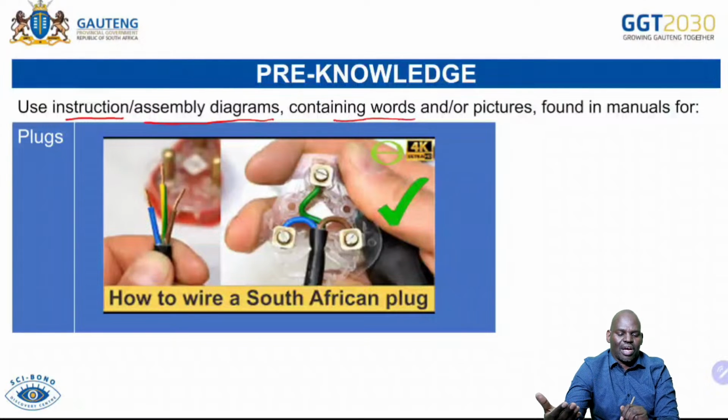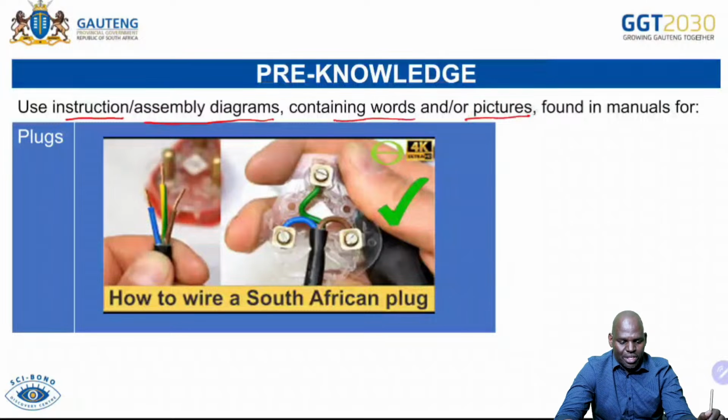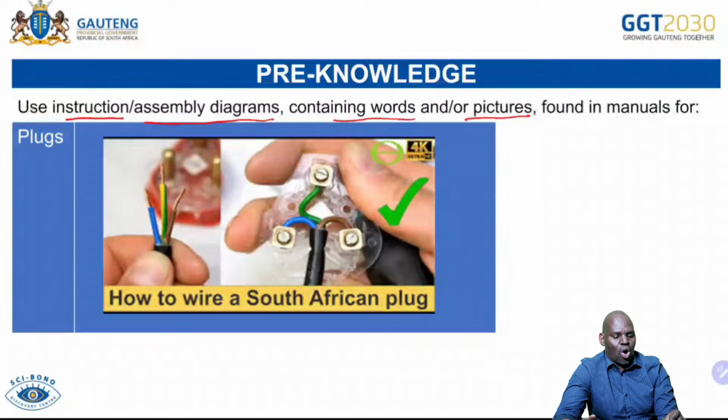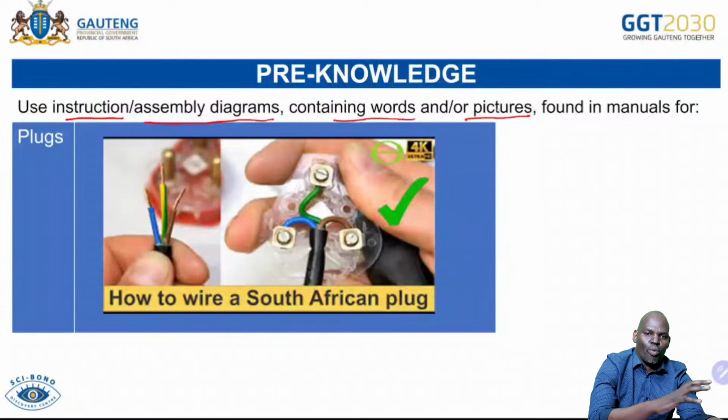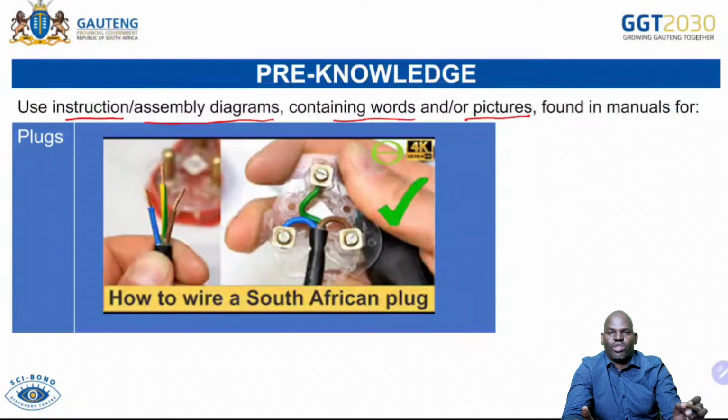If you are given instructions or assembly diagrams explained in words, or in the form of pictures, in most cases they are found in manuals. So it can be in the form of words, pictures, or both, and they are found in manuals.